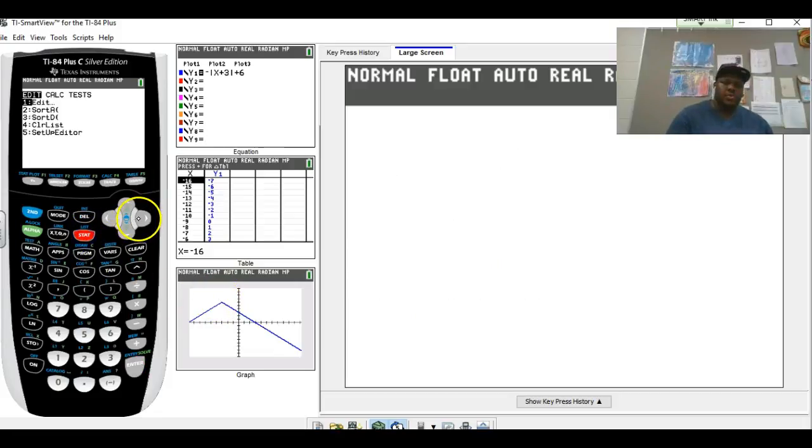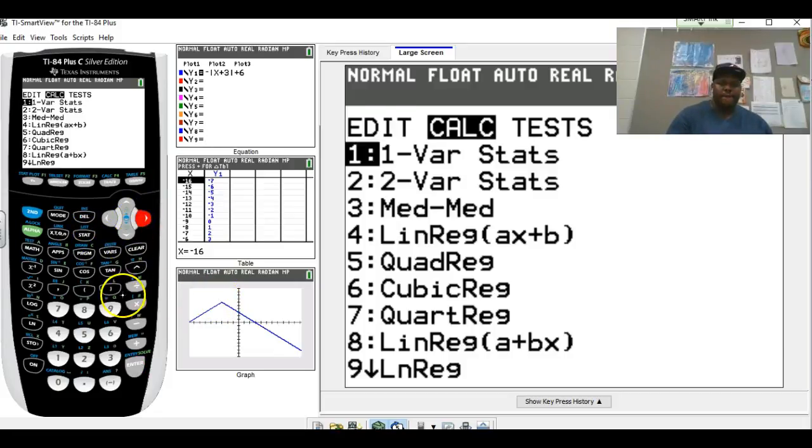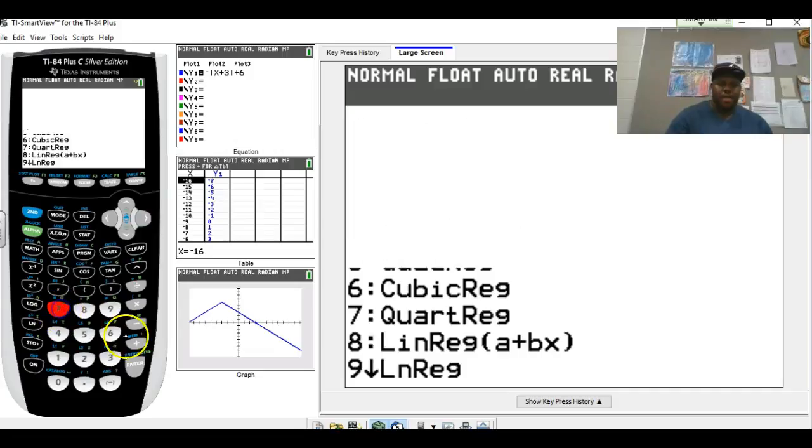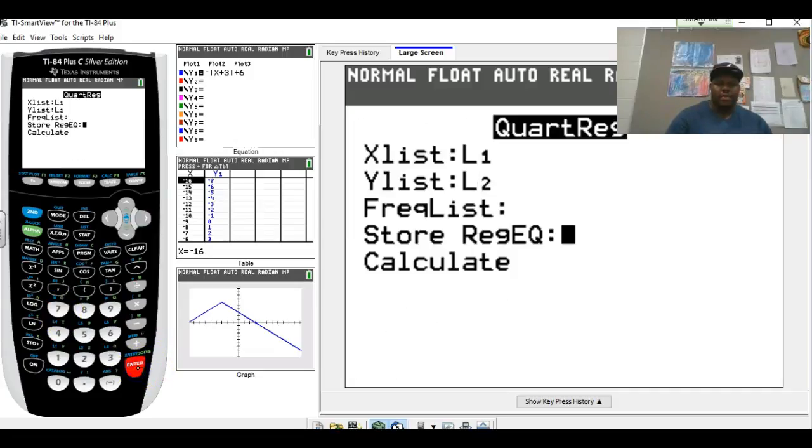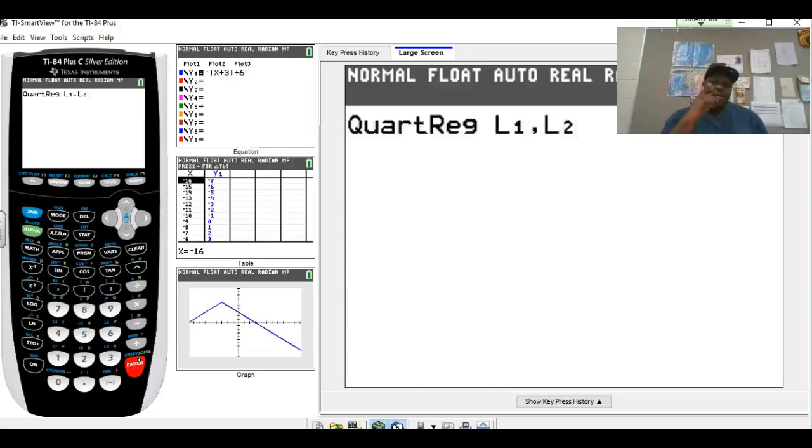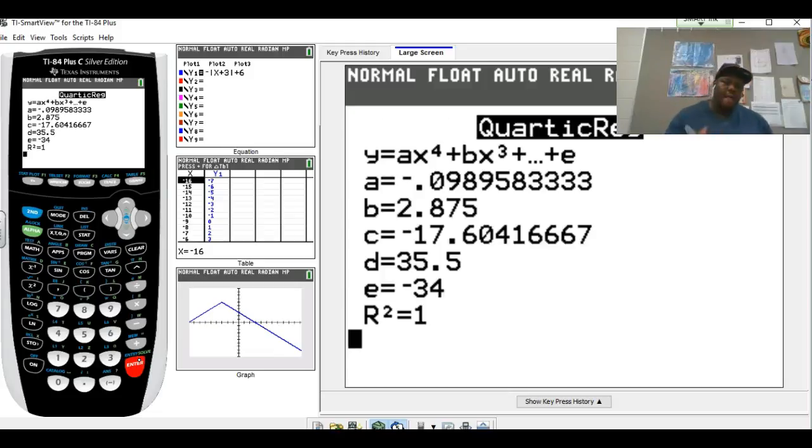Alright, let me check the next one. Let's check quartic and see what we get. Option 7 here. Alright, here, R squared is 1. So this tells me that this is a quartic function.